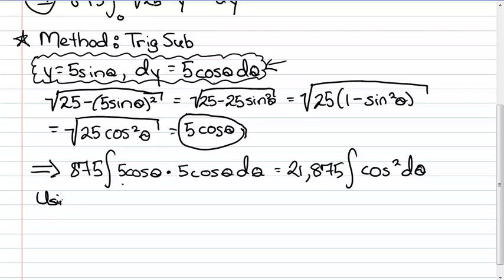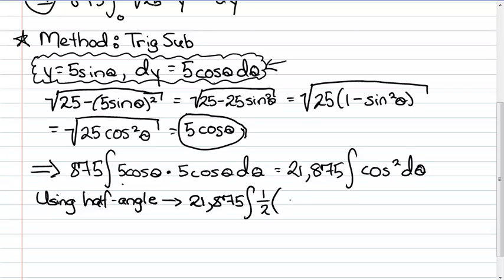We're going to use the half angle to rewrite cosine squared theta into something that's easier to integrate, so to speak. So we'll have 21,875 times the integral of 1/2 times (1 plus cosine 2 theta) d theta. Now we're going to bring the 1/2 outside of the integral.